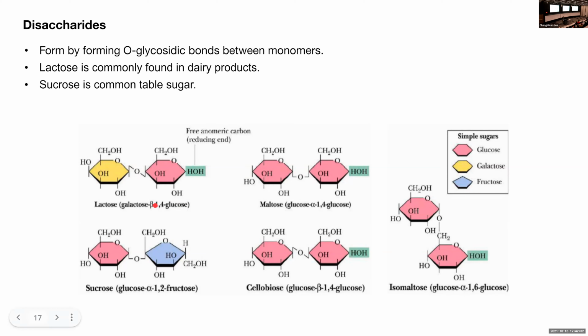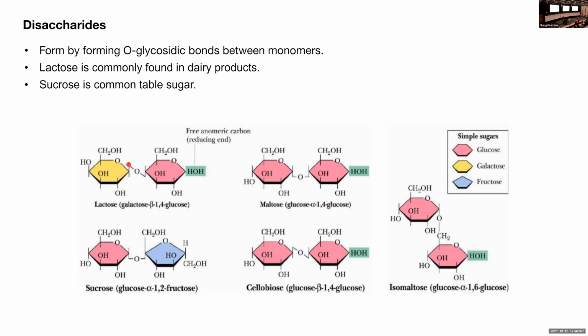This is beta because when you look at this, the oxygen, which was from the hydroxyl, has the same orientation as the exocyclic carbon, right? So that's the beta form. That's why it's called beta. And it's an example of lactose. And when you look at these molecules, this is literally galactose.